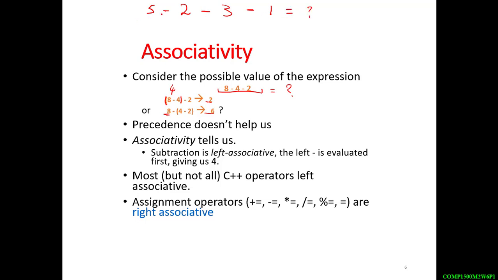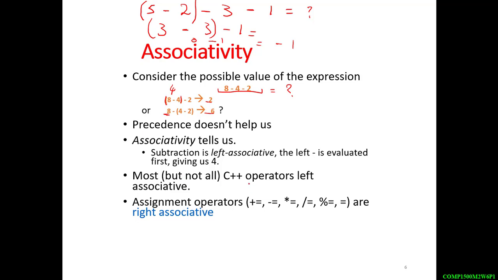So then we say 3 minus 3, which is 0. 0 minus 1 will give us a minus 1. This is how we do it. All the functions in C++ are left associative. The only right associative functions are plus equal, minus equal, multiplied equal, and division equal, modulus equal, and equal.